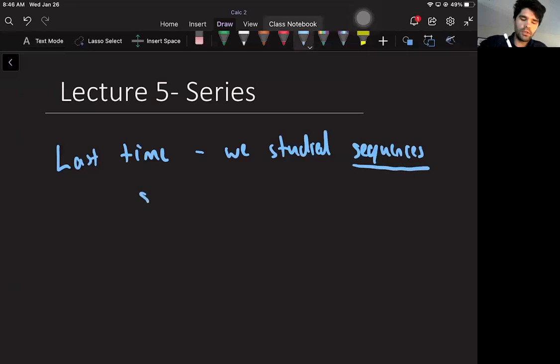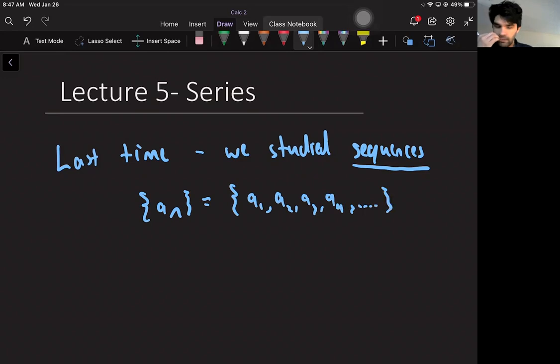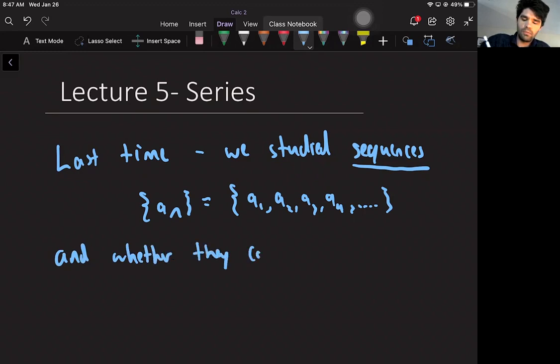So remember, those are just lists of numbers that go on forever. So they look like this. If you start out counting at 1, you could also start counting at 0, or something else. And then what did we do? We want to know whether they converge or diverge.